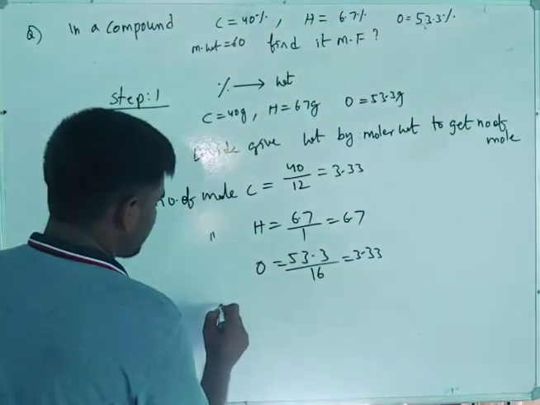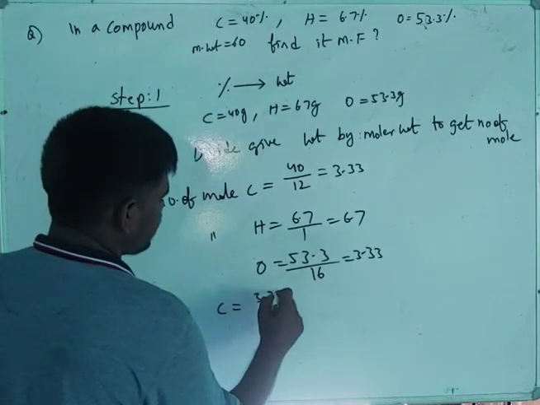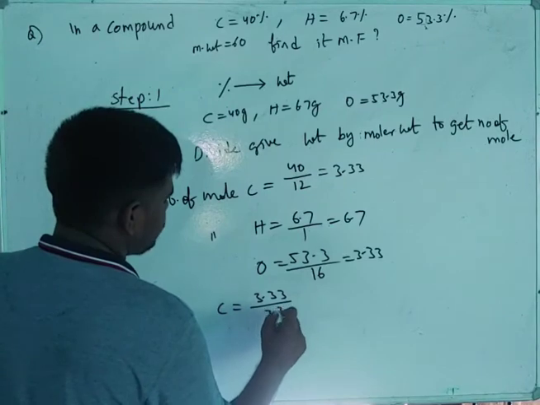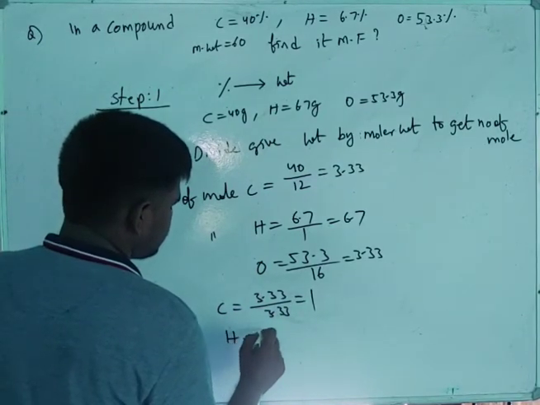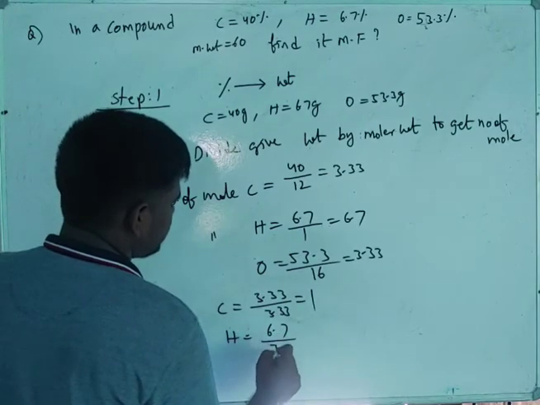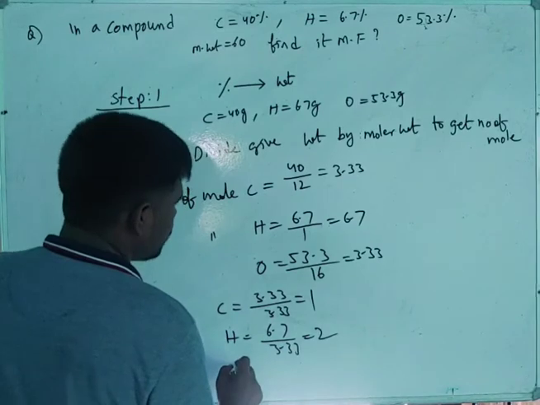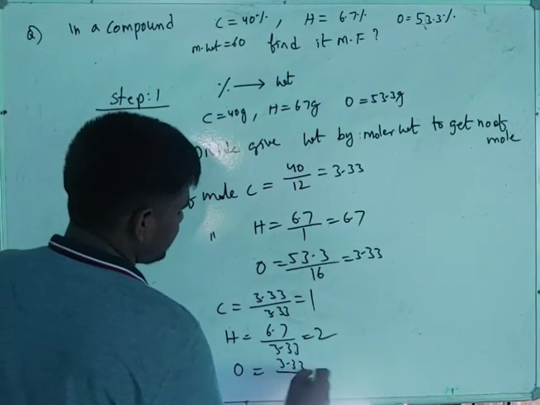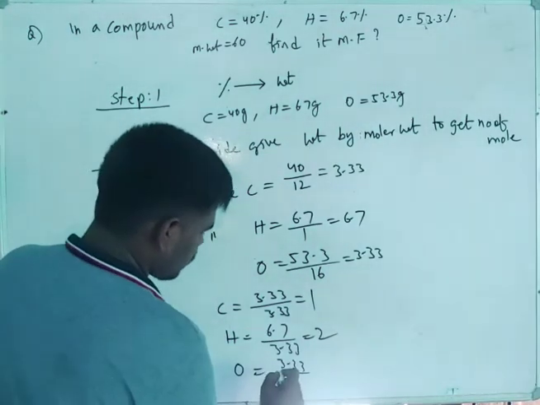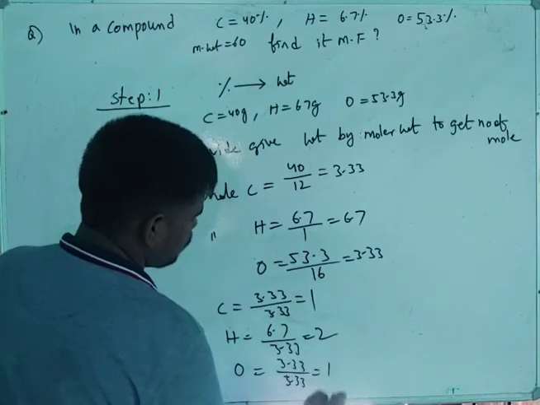So first carbon: 3.33 by 3.33 is equal to 1, and hydrogen: 6.7 by 3.33 is approximately equal to 2, and the next one oxygen: 3.33 by 3.33 is equal to 1.